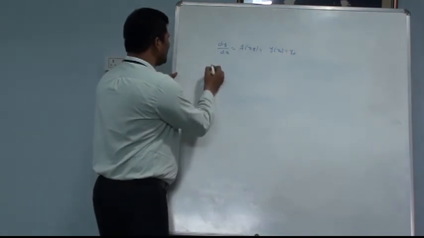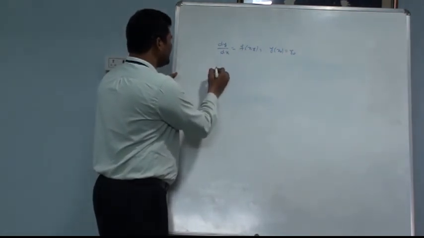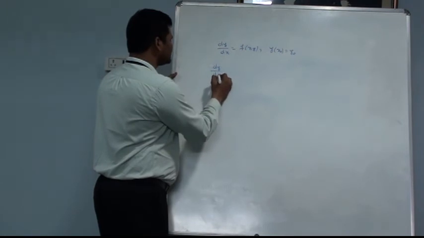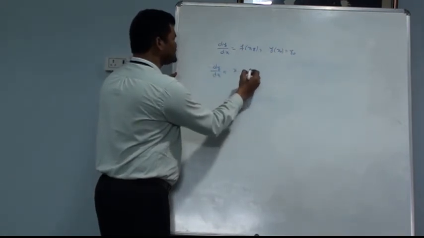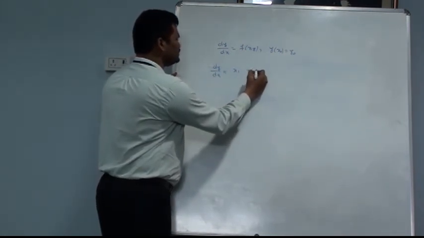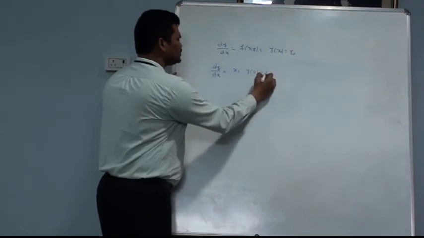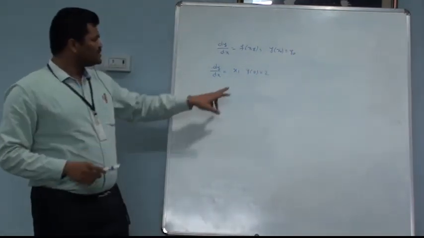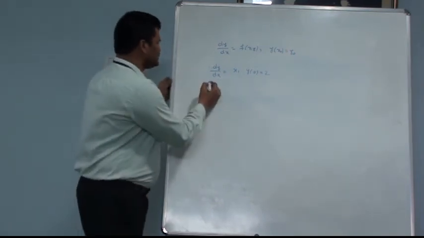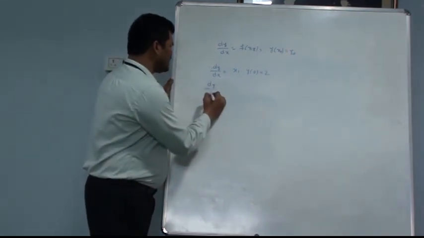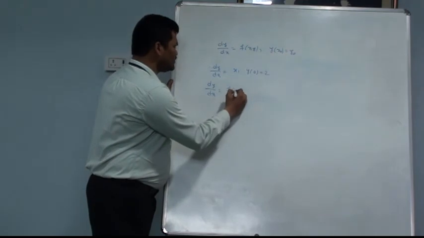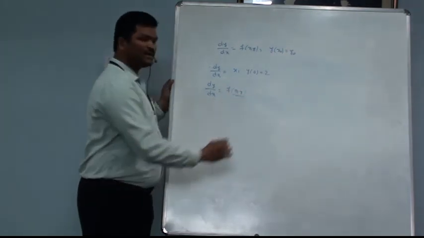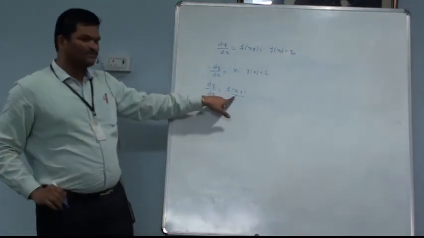Now I take one example. Dy by dx is equal to x, where y of 0 is equal to 2. Let us understand. In general, we will take the right hand side as f of x, y.